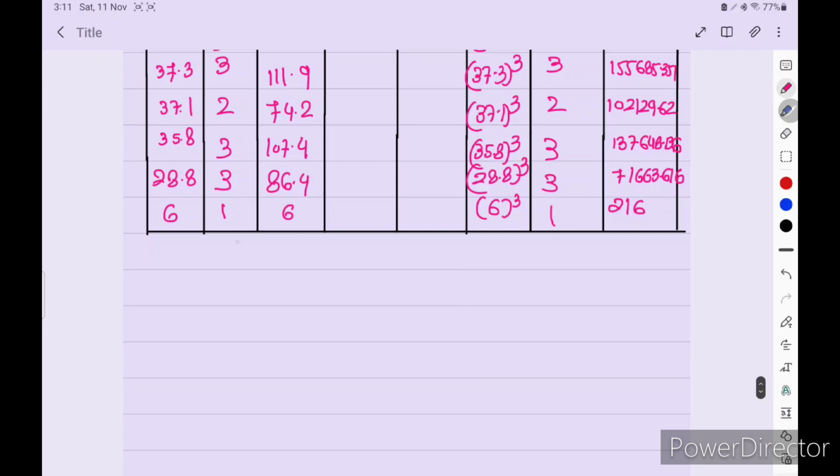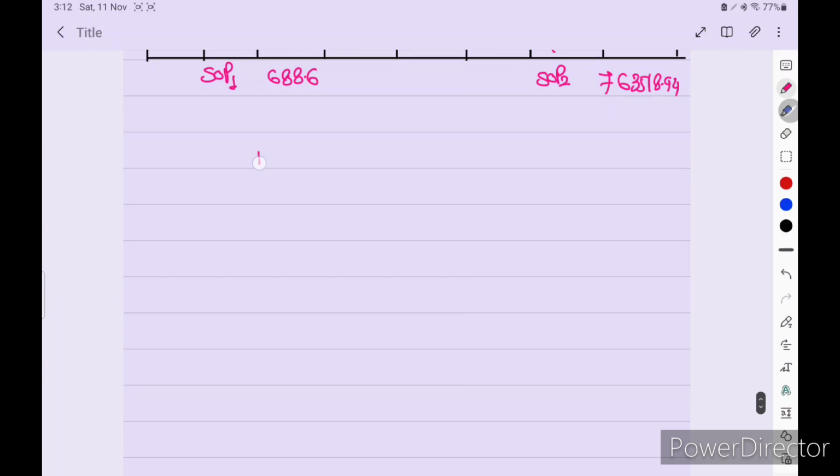Okay, now SOP1 we add all, and we get 688.6, and SOP2 we add all and we get 76351.894. Now we use the moment of inertia first formula, so 3h by 8 into SOP2, into 1 by 3, since when we calculate moment of inertia we use 1 by 3.